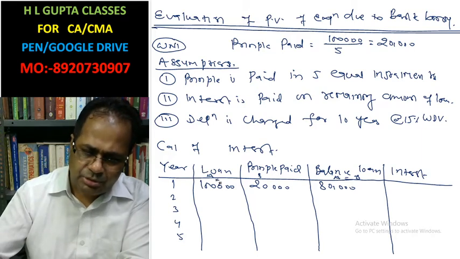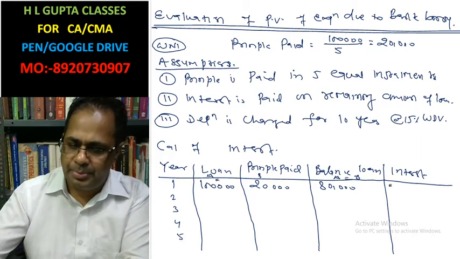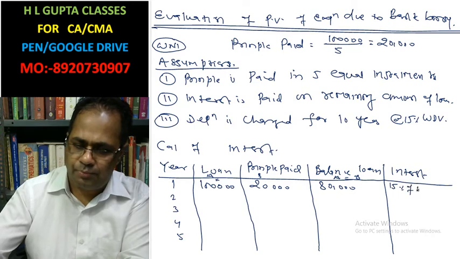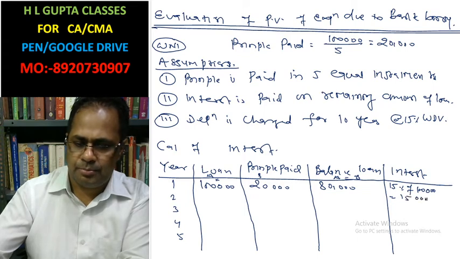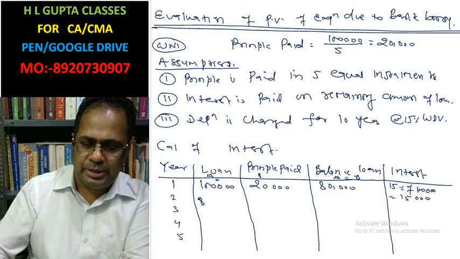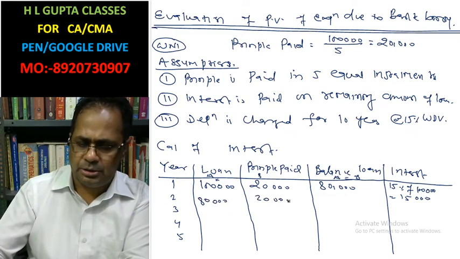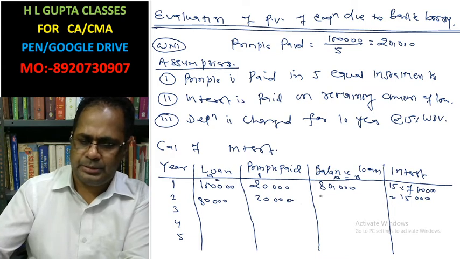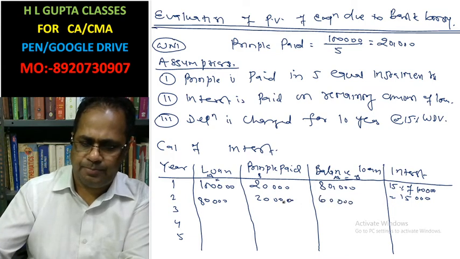Interest is charged on this amount. The 15% of 1 lakh, that is 15,000. Okay, now 80,000, again 20,000. This is 60,000.